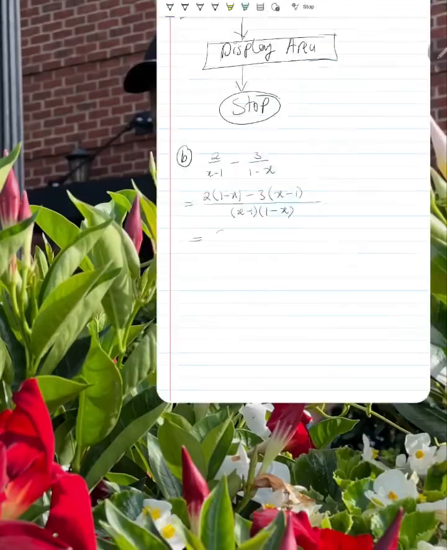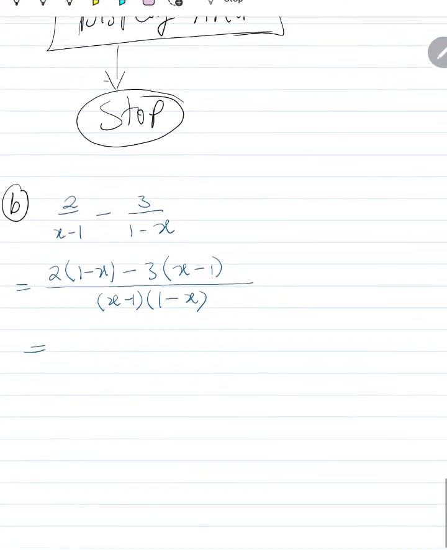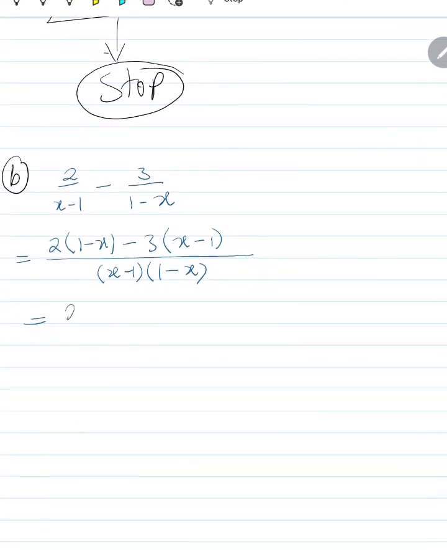So our expansion, next we are going to expand. So we have 2 minus 2x minus 3x plus 3 because minus and minus here. Then everything divided by x minus 1 and 1 minus x.